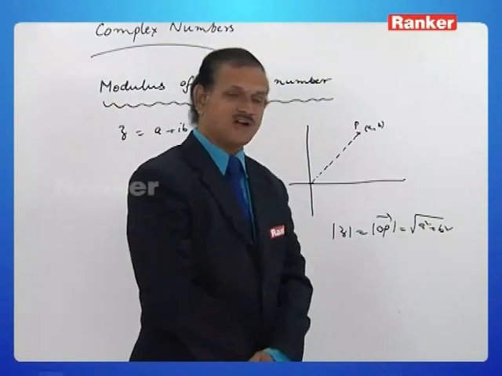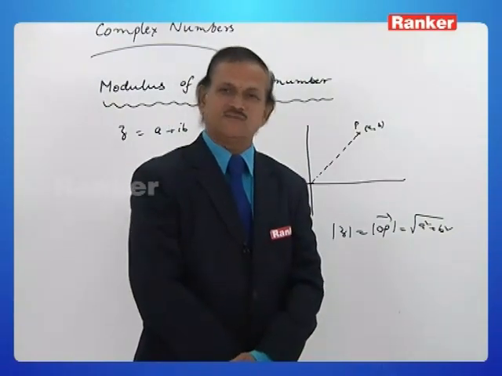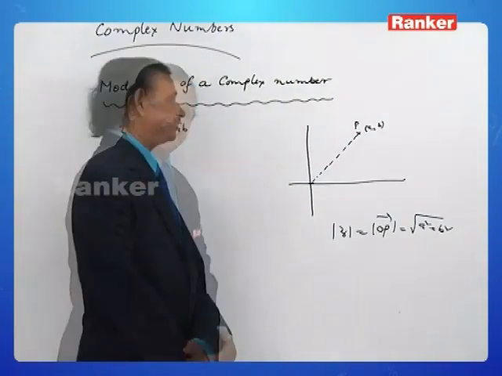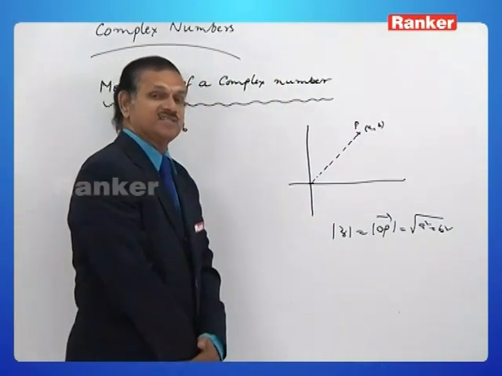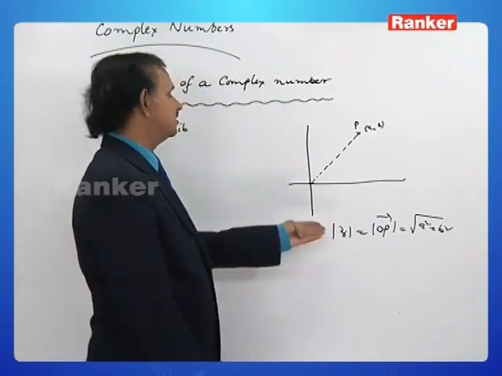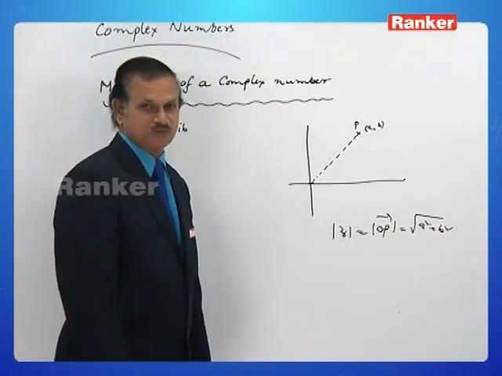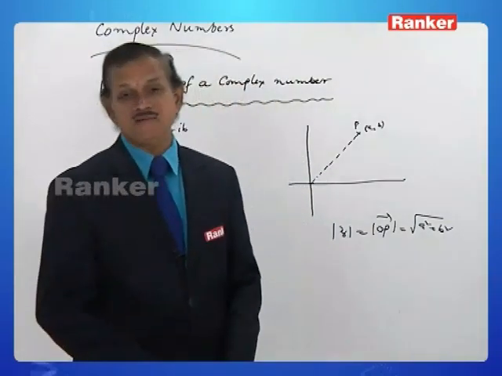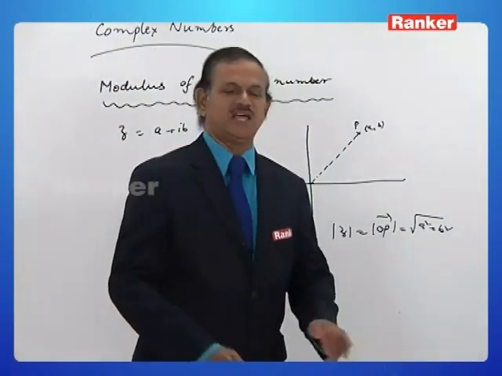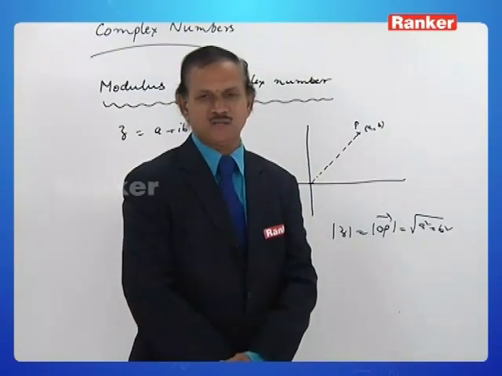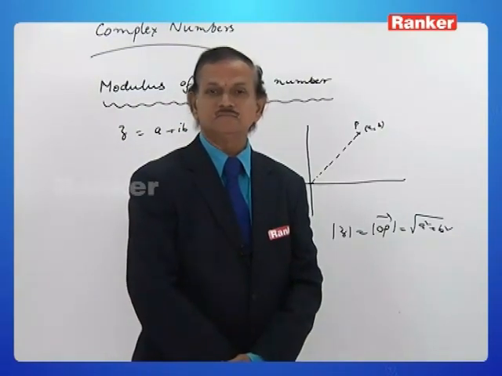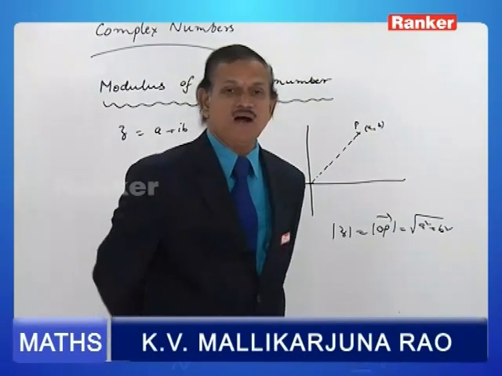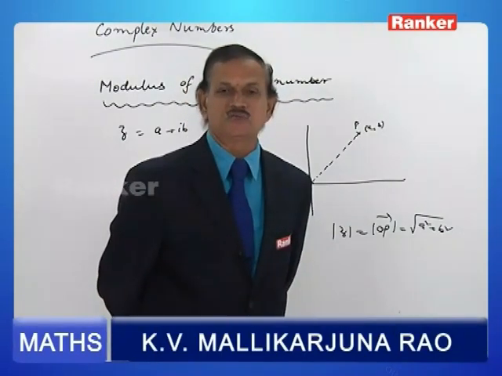Here we are in the complex number system. If z is a complex number, mod z is the distance of that complex number, represented as a point in the plane, from the origin: root of a square plus b square. You might have recollected one more thing. In three-dimensional geometry, if you have a vector, say r bar equal to a i bar plus b j bar plus c k bar, then mod r bar is root of a square plus b square plus c square.